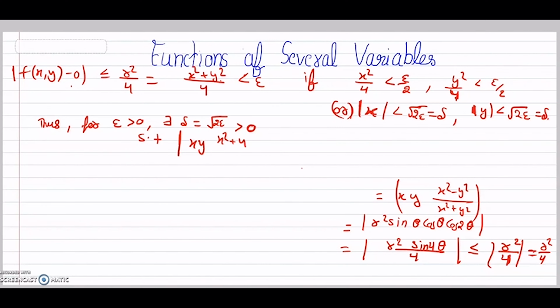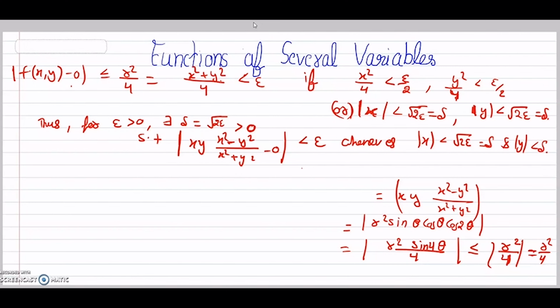x square minus y square upon x square plus y square minus 0 is smaller than epsilon whenever modulus of x is smaller than under root 2 epsilon, यानी delta, and modulus of y is smaller than delta.